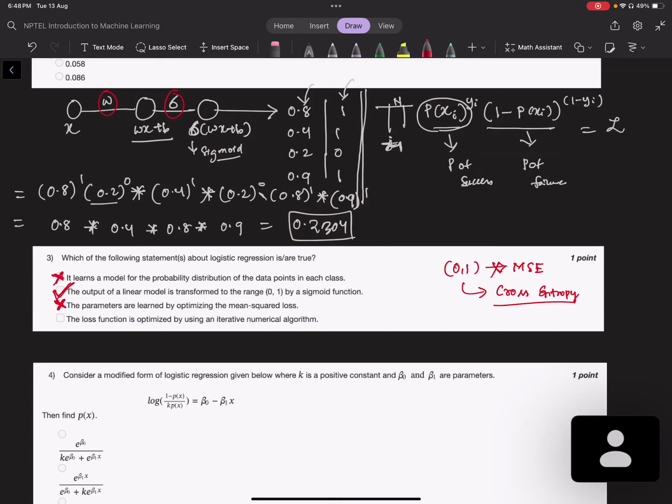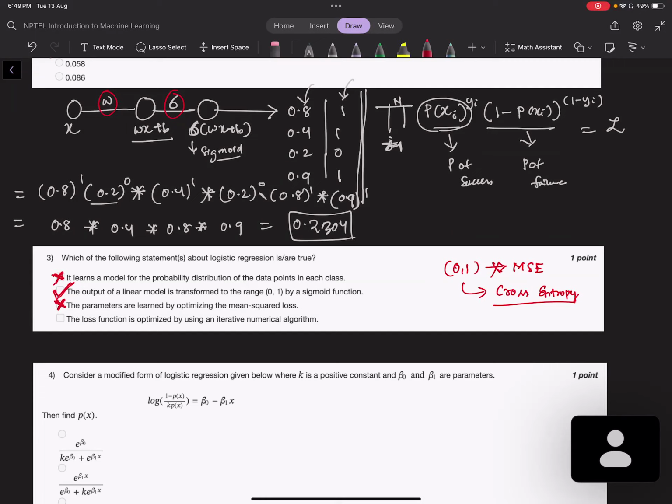Yeah, so this one is a bit controversial. I'm not sure how this D is true, because the given solution says D is true, the loss function is optimized by an iterative numerical algorithm. But it is not a numerical algorithm. I think it's the gradient descent algorithm that people use to solve this sort of optimizing the logistic regression problem.